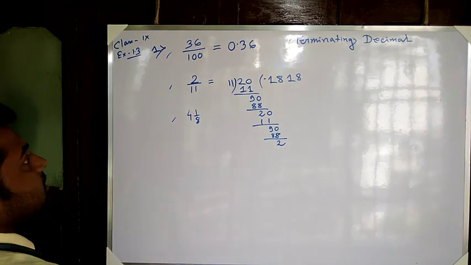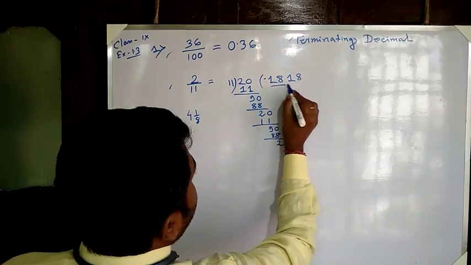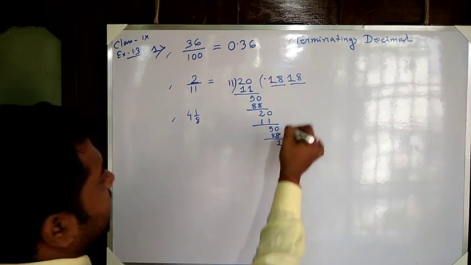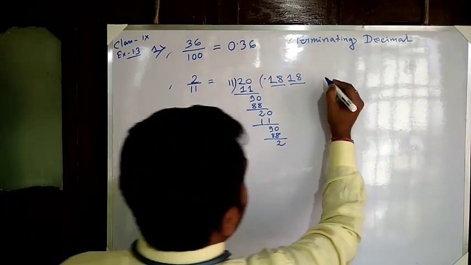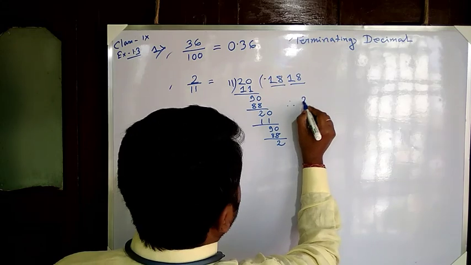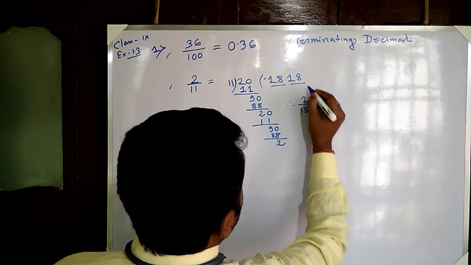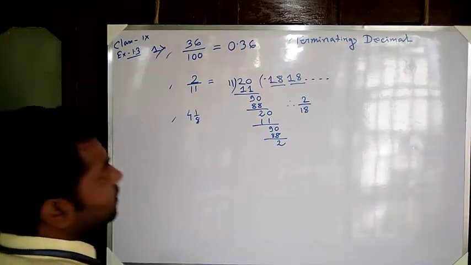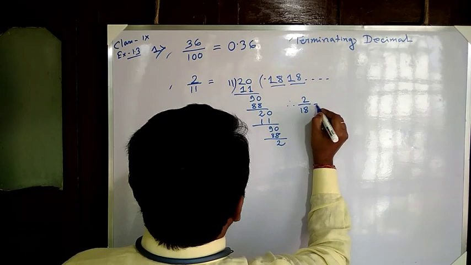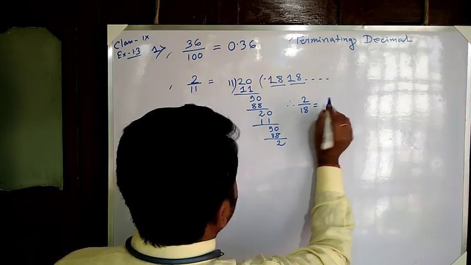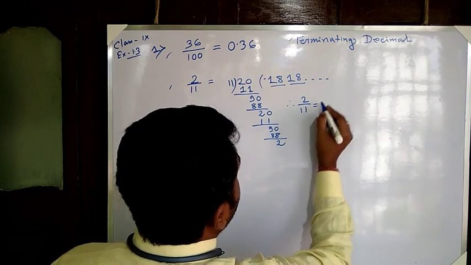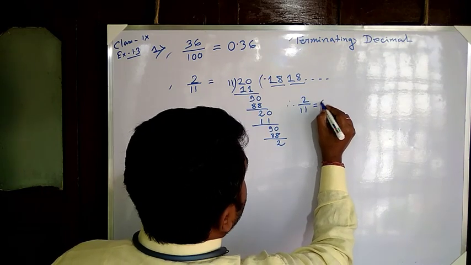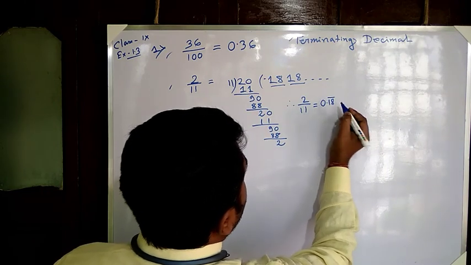So here you can see 18 is repeating again and again. Therefore 2 by 11 equals 0.18, and this way it is going to continue.